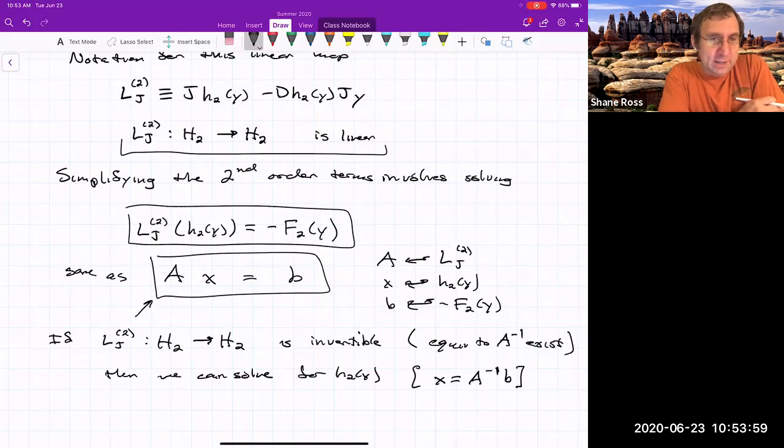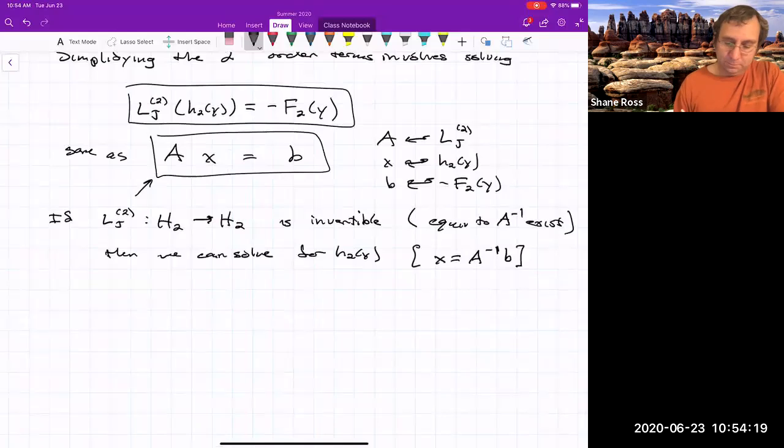But usually this linear map L_J₂ is not invertible. And how do you find out if something is invertible? You look at the matrix representation and see if it's full rank. And if it's not full rank, then we have to do something else.